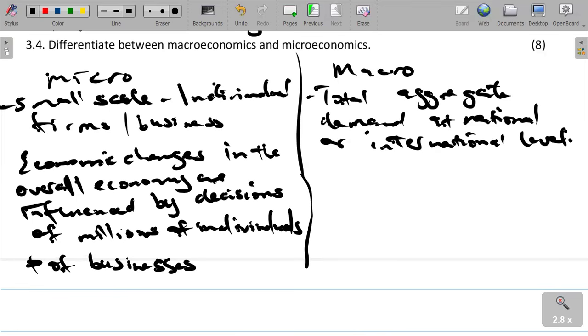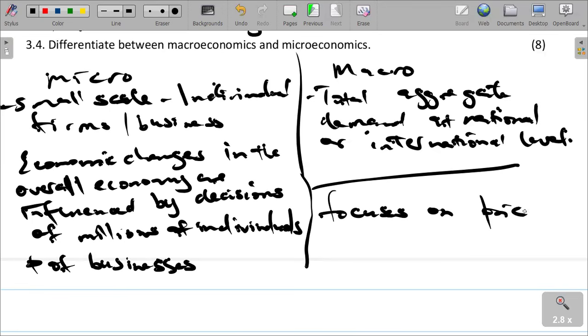And then in this case, at micro, we look at price theory, how prices affect consumer spending.